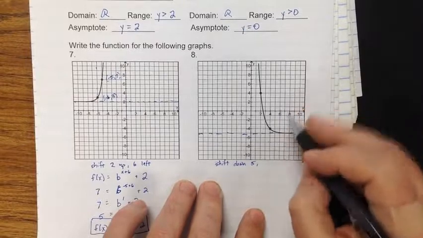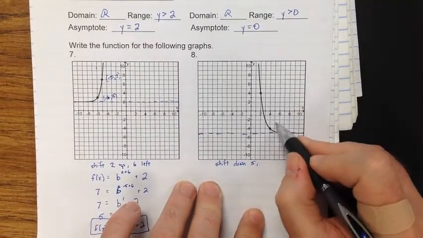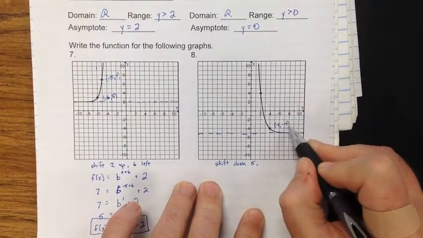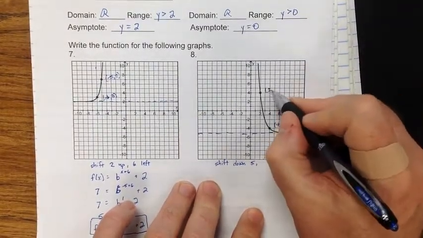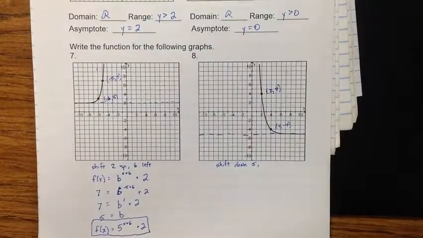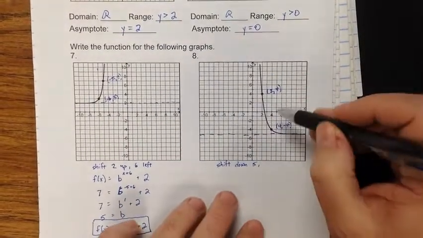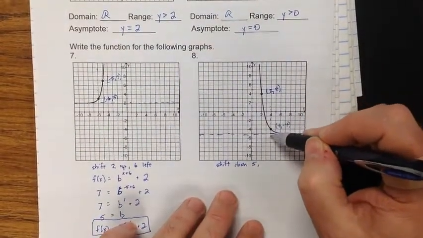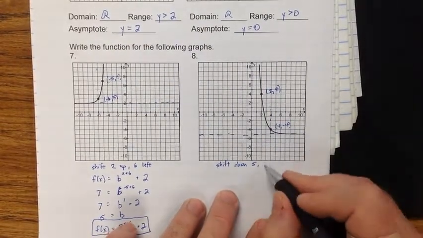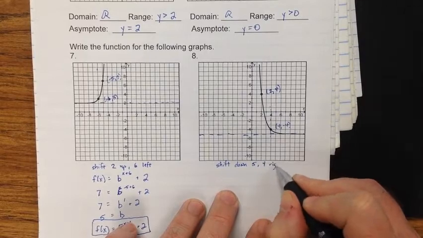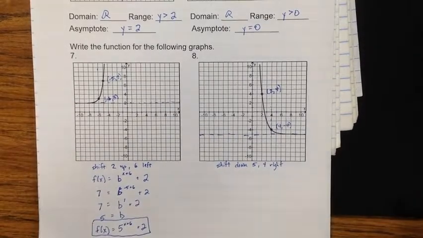And I've got 2 points here. My first point is 4, negative 4. My second point is 2, 4. So this is, theoretically, kind of like my y-axis. So everything's been shifted 4 to the right. So down 5 and 4 right.